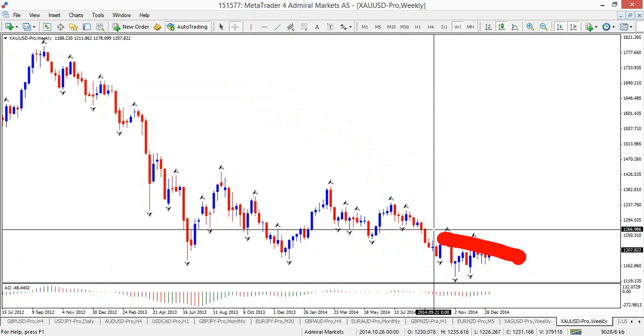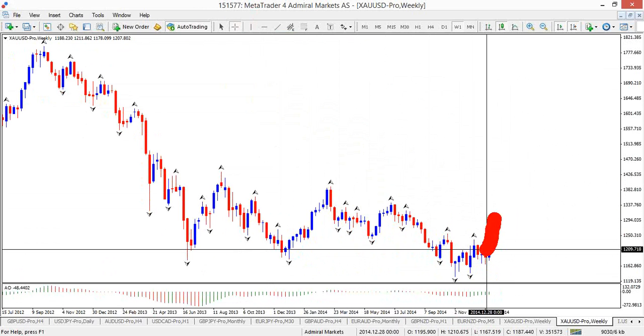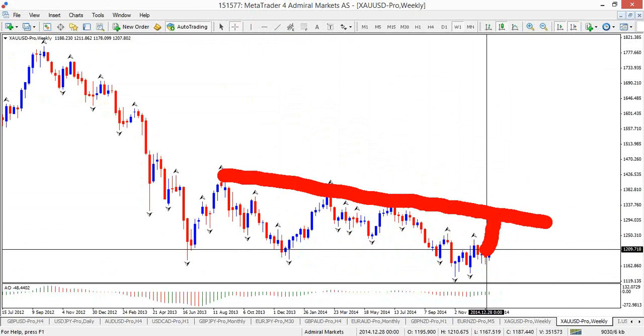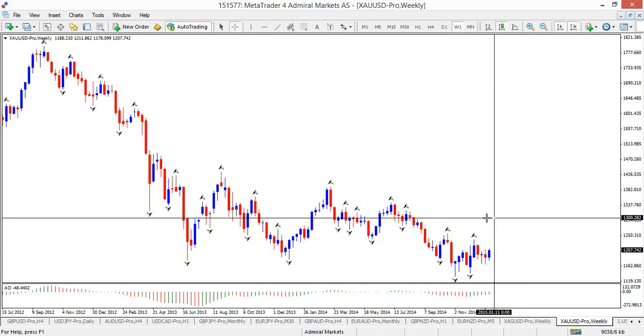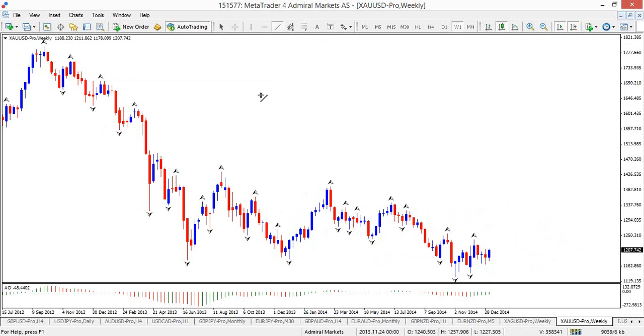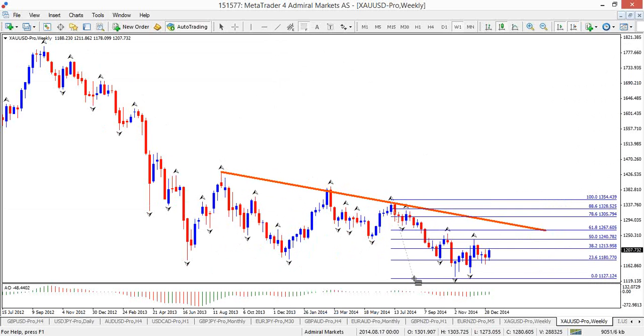So maybe we'll see a pop out of this triangle, but the pop could face serious problems when it comes into this resistance. So shorts anywhere where we have the resistance line here. And we can put a fib. Let's see where we can put the fib on. Probably from here to here.